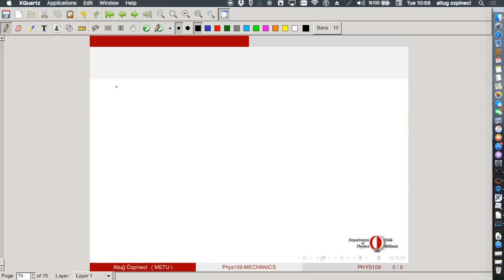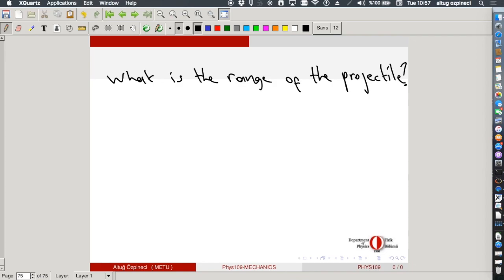So what is the range of the projectile? The definition of the range, you should always keep in mind your definition.